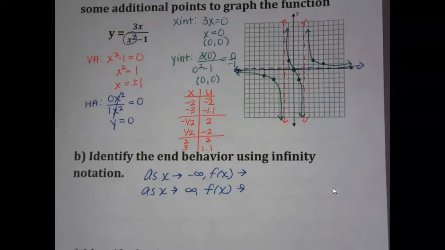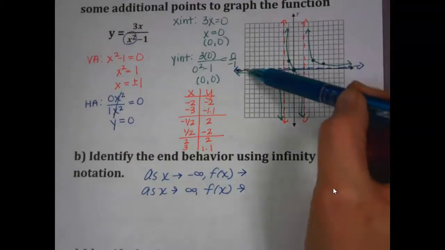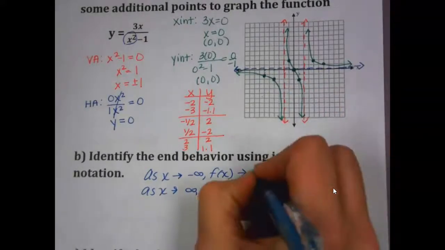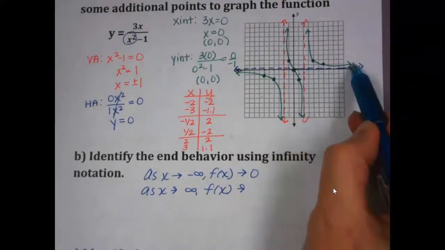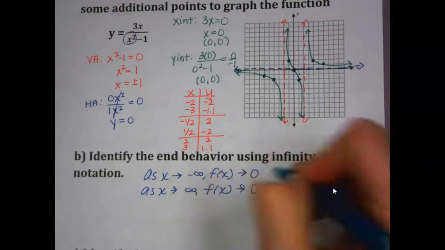And as you move to the right, what does your graph do? So, if I start in the middle and I move to the left, my graph is getting closer and closer to this asymptote, which happens to be 0. And as I move to the right, my graph gets closer and closer to that asymptote, which also happens to be 0.